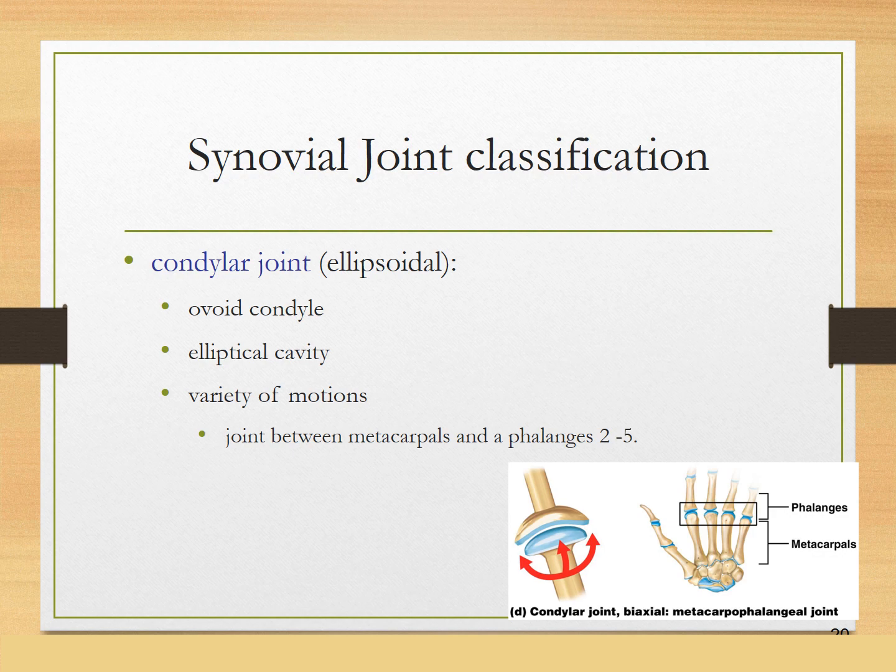What do we commonly call this joint? This is referred to as your knuckles. If you take your finger and move it at your knuckle, you can notice you can go up and down, side to side. You can go around in a circle. Your thumb, phalangeal 1, has a hinge joint at this location.